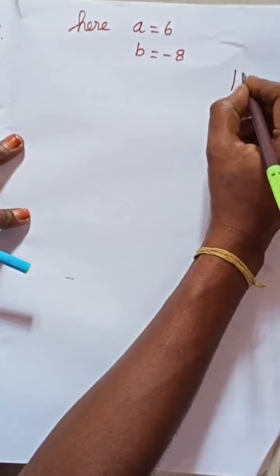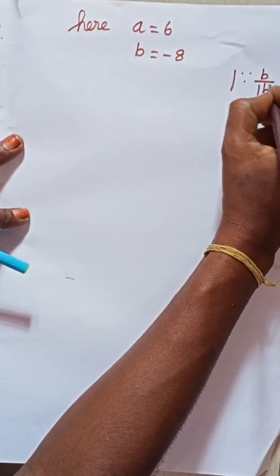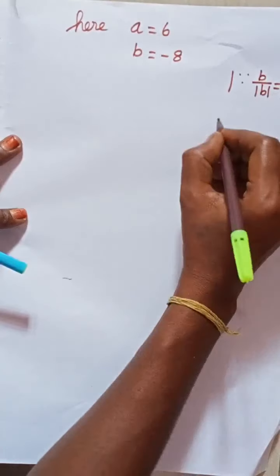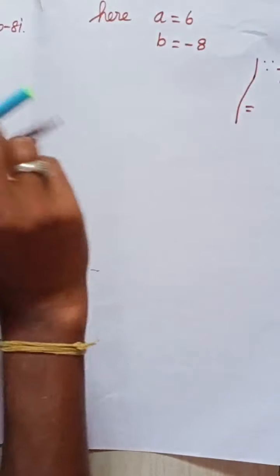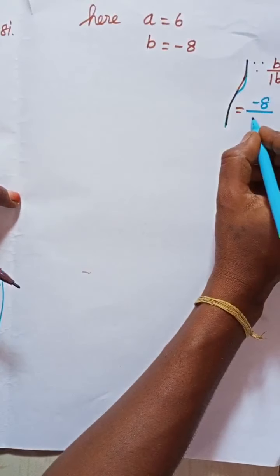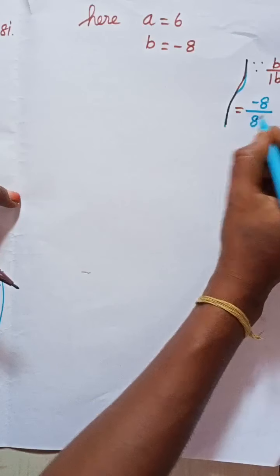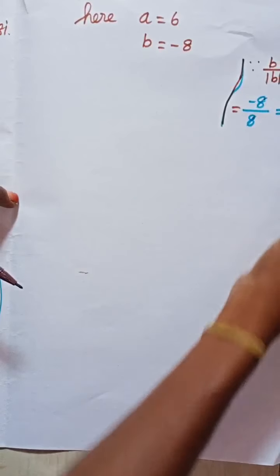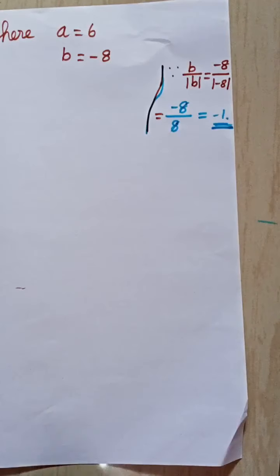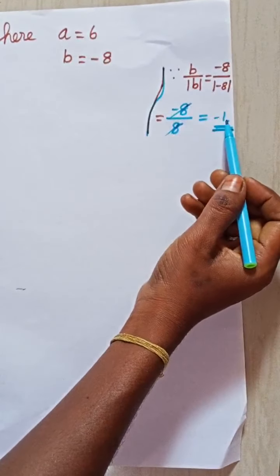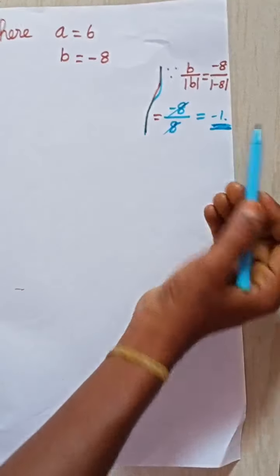Now see, b value is minus 8. Substitute b by modulus b, which is equal to minus 8 divided by modulus of minus 8, which is positive 8. So 8 by 8 cancels and we get minus 1. We got a negative value.